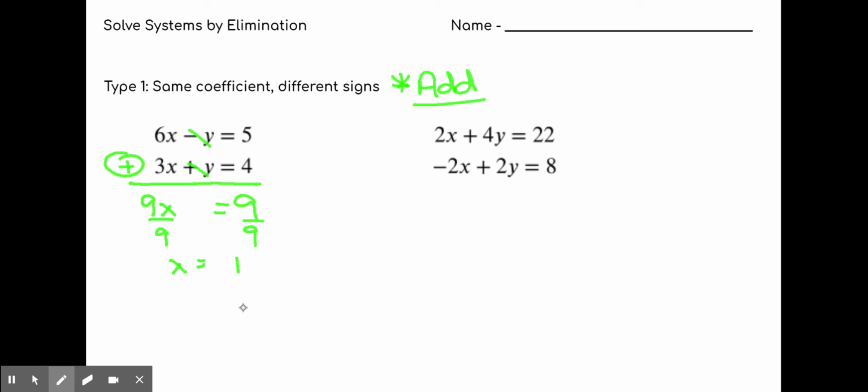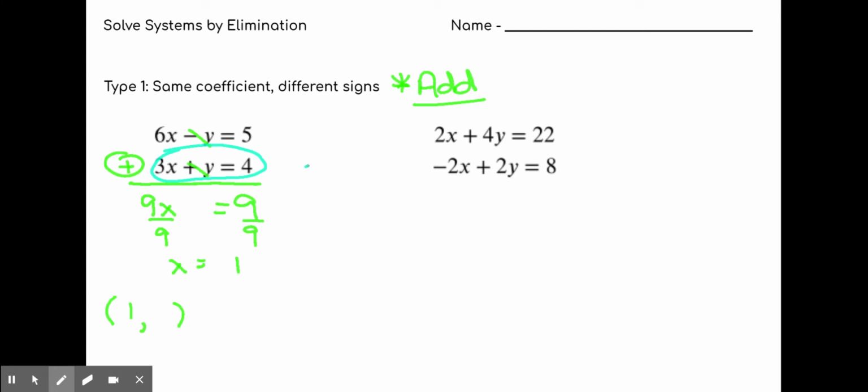But remember, we are solving a system, and a system has a point of intersection. I know my x coordinate is 1. Now I have to find my y coordinate. Well, you look up here and you pick the one you like best, okay? So it will work with either one. I'm going to choose this one because it's got all positive numbers here.